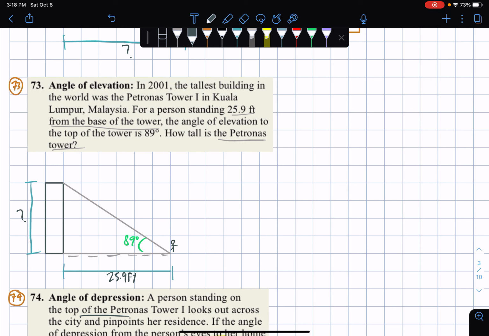So since we have adjacent and opposite, we use TOA. So tangent 89 degrees is equal to the opposite side, which is the missing value, and adjacent would be 25.9 feet. So as usual, multiply both sides with the denominator value.